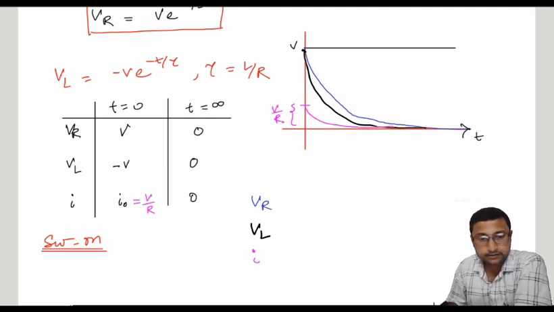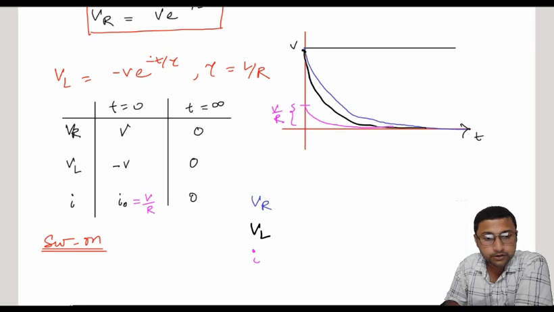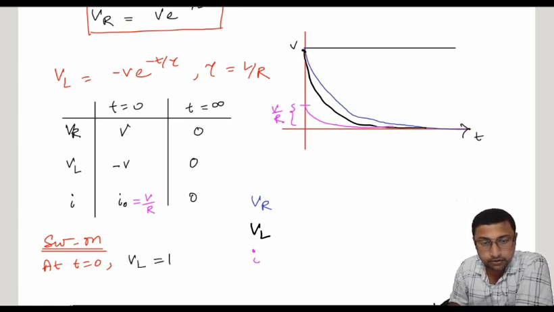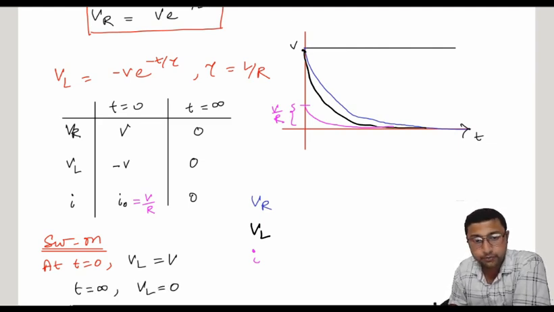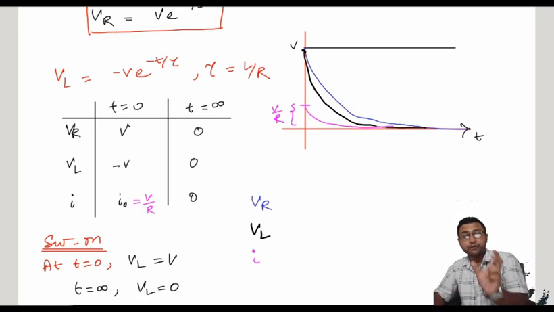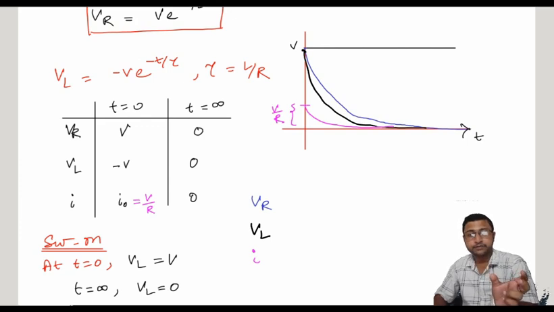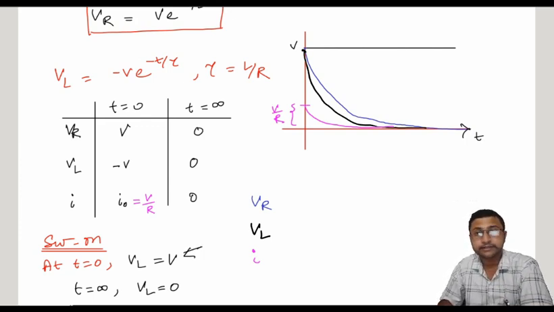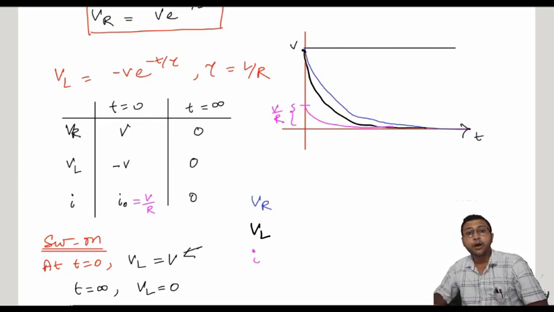We know that at t equal to 0, VL is equal to V, and at t equal to infinity, VL equals 0. VL equal to V means the inductor faces the supply voltage. That means the inductor is basically an open circuit, right?